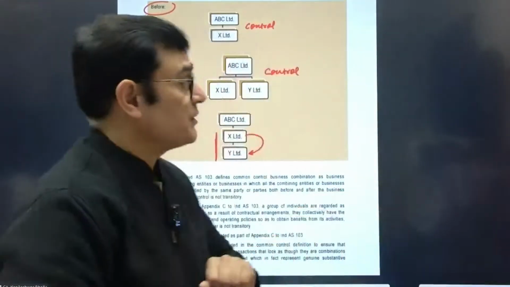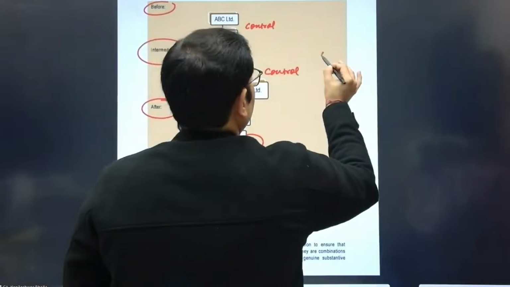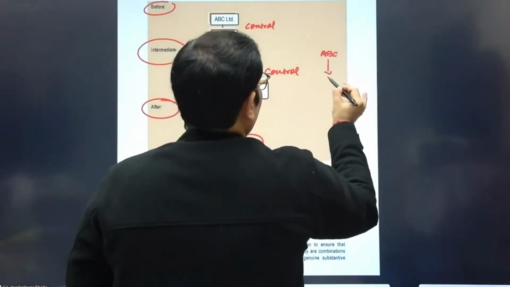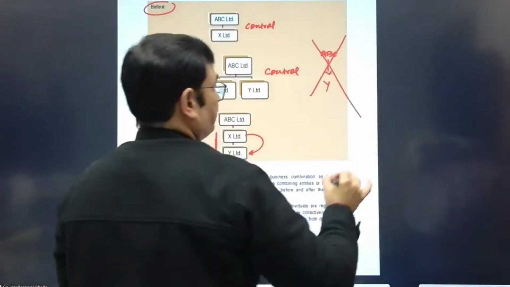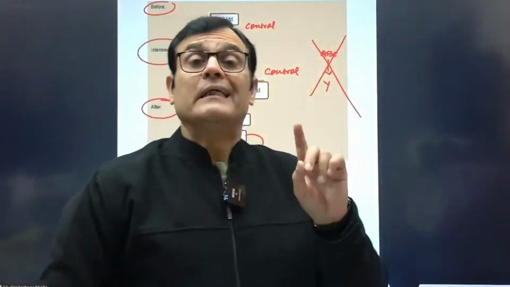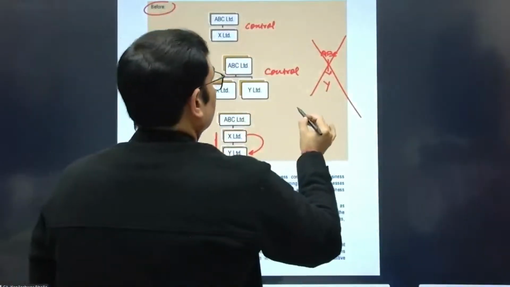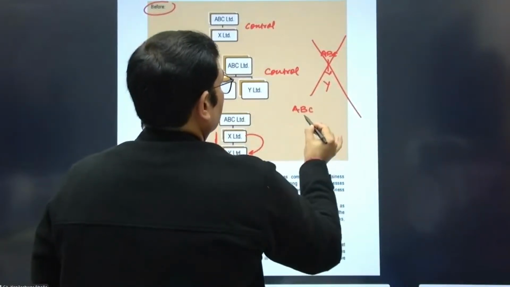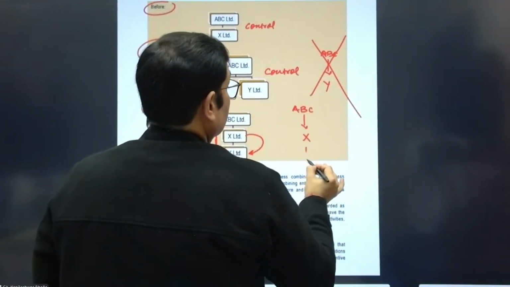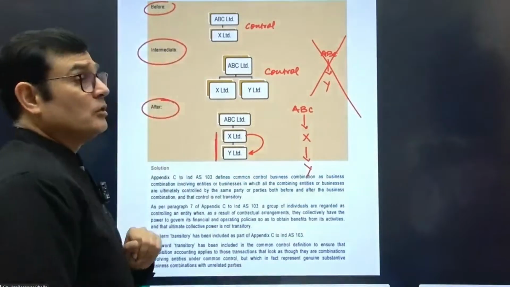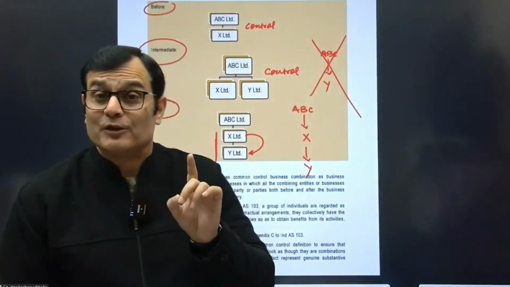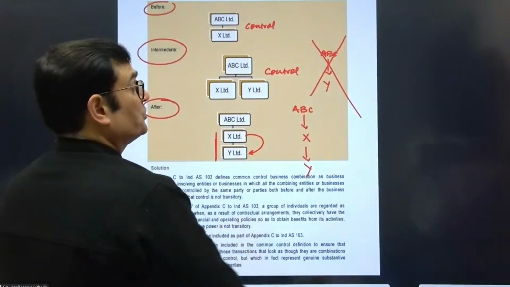But do you think that technically speaking, company Y was under the control of ABC? Not really. Now watch this. If ABC had not acquired control over Y on 1st April, company ABC would have had control over X, and X would have directly got control over Y. Now let me put a question.